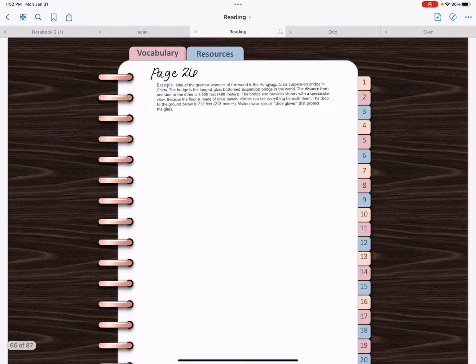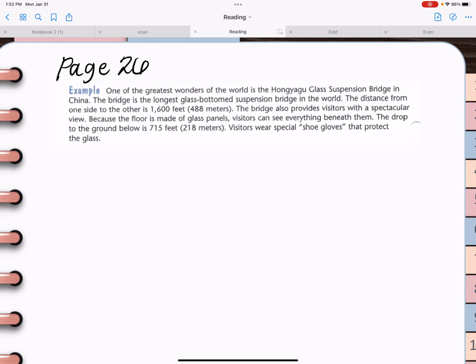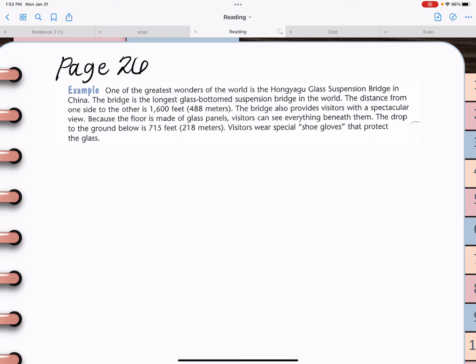We are on page 26 of the workbook, and there is a short little passage where it says example. And I have been looking for the way to pronounce the name of this bridge for 10 minutes. I have Googled it. I have searched on YouTube.